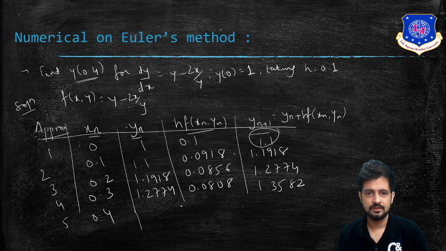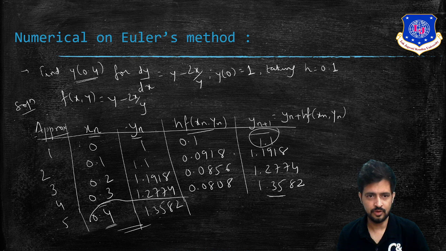See here, remember that this value is yn plus 1. So if I am placing it here, this value is y of 0.3. This value I have to write here, 1.3582. So for xn equal to 0.4, I have got the value.